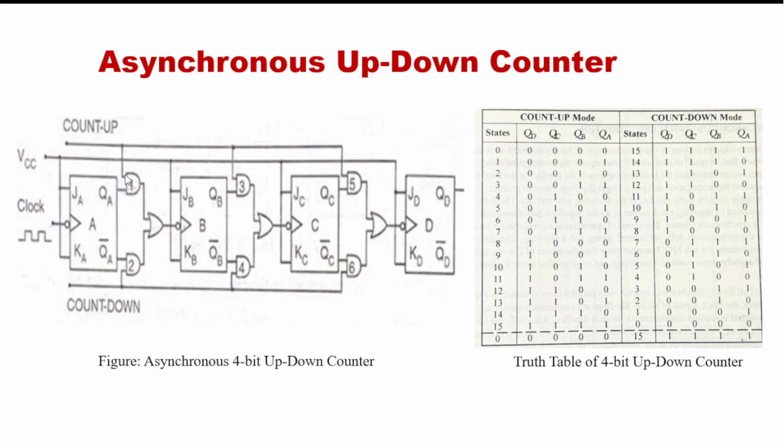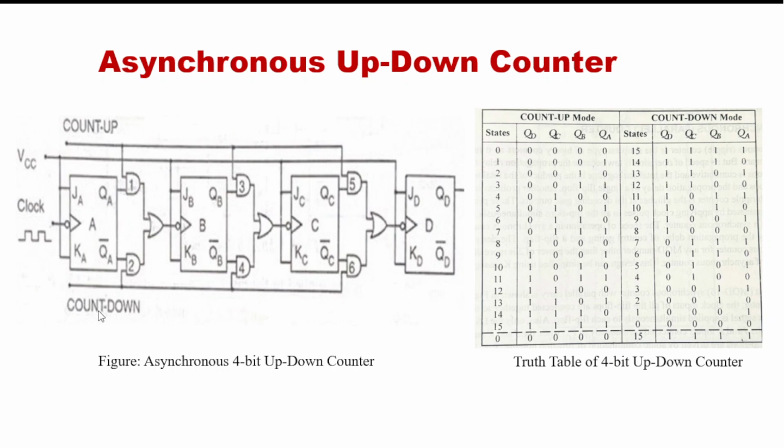One input is connected to the count up line and the other input is connected to QA, QB and QC. In the case of the count down line, AND gates number 2, 4, 6 have one input connected to the count down line and the other input connected to the complement outputs, that means QA bar, QB bar and QC bar. So first of all I'll explain how I will count up.